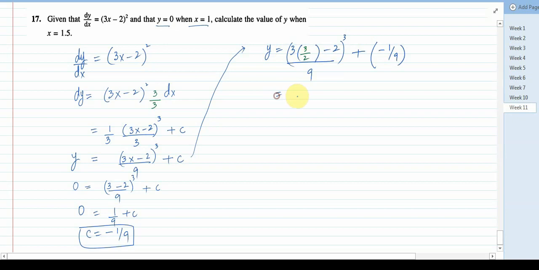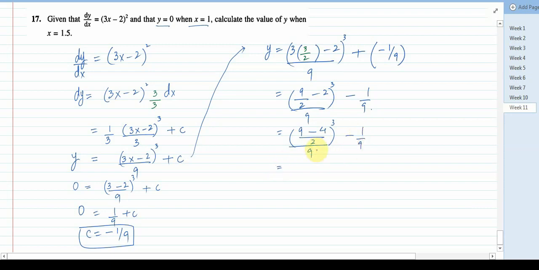So it's (9 divided by 2 minus 2) whole power cube divided by 9 minus 1 over 9. I'm taking LCM in the numerator, so it's (9 minus 2 2s are 4) divided by 2 whole cube divided by 9 minus 1 over 9.